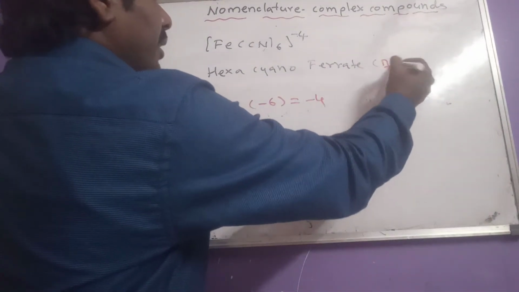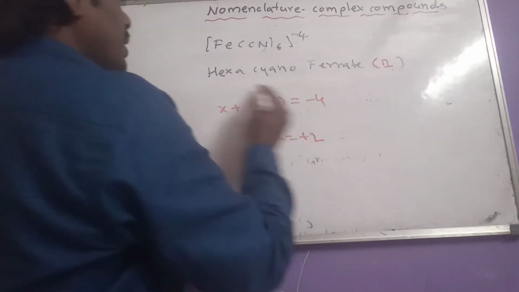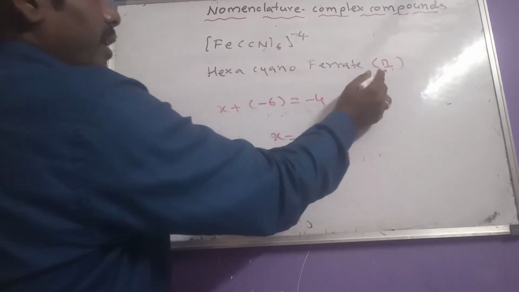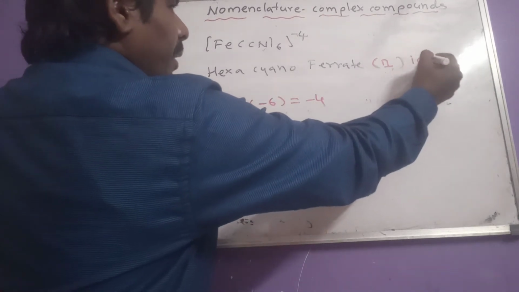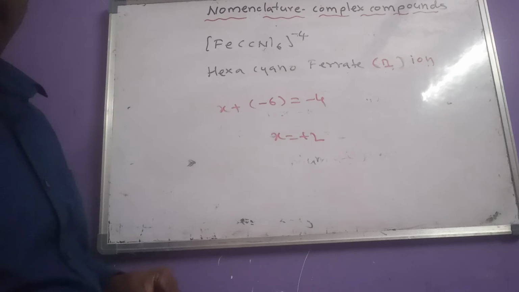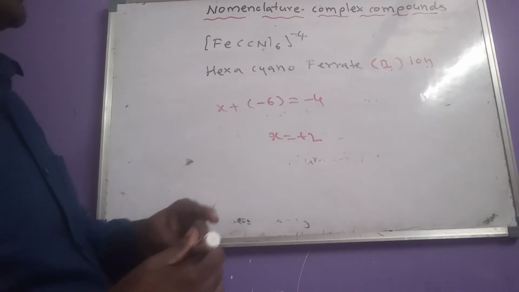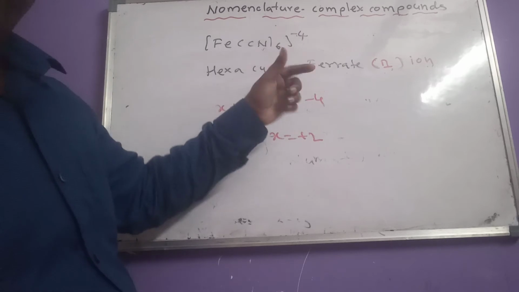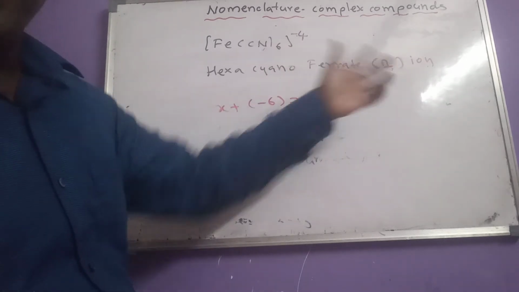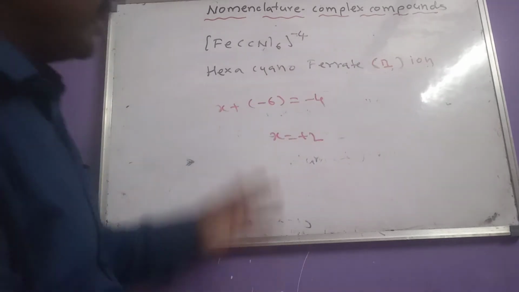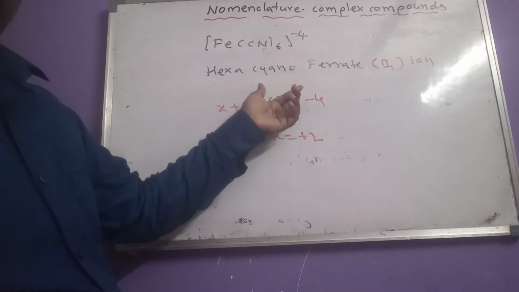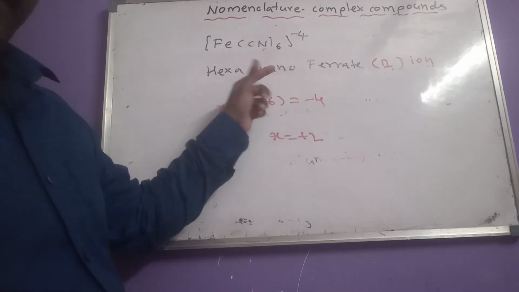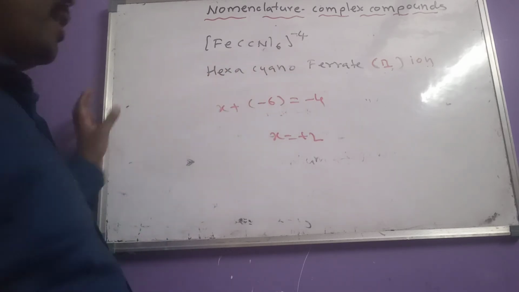Write that in parentheses. So now hexacyanoferrate(II), but it should be concluded with ion because it is not neutral. Minus 4 is given, so we conclude the name with ion. So this is the naming if charge is given for such complex compounds.